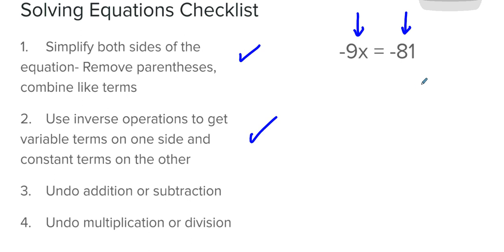Check. Okay, so we're down to steps 2 or 3 or 4. Since this is a multiplication problem, we're going to divide both sides by -9. X will equal 9. That's a one-step equation. We didn't have to do steps 1 and 2 because they were already done for us.